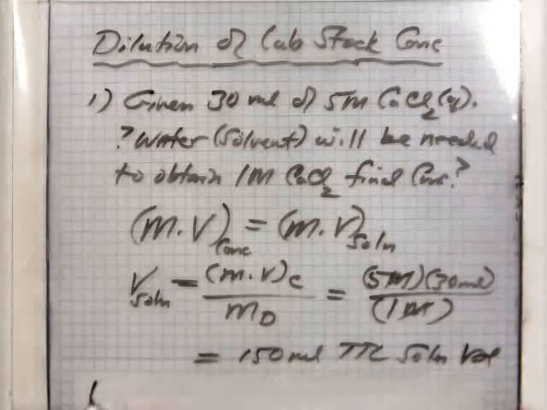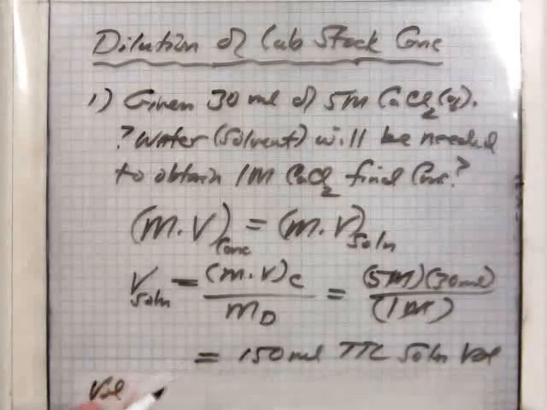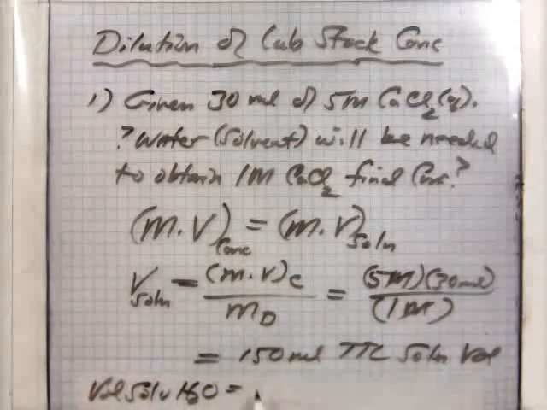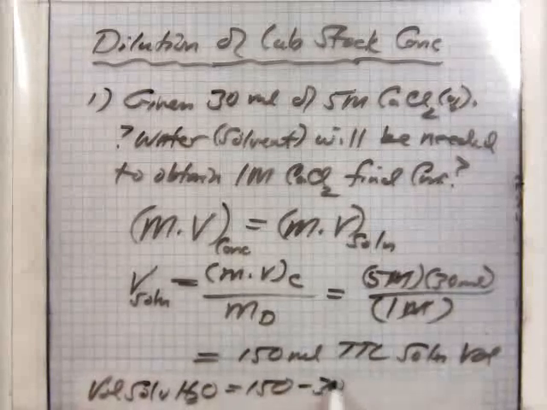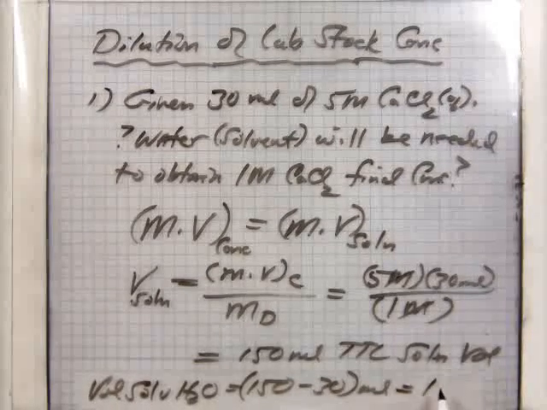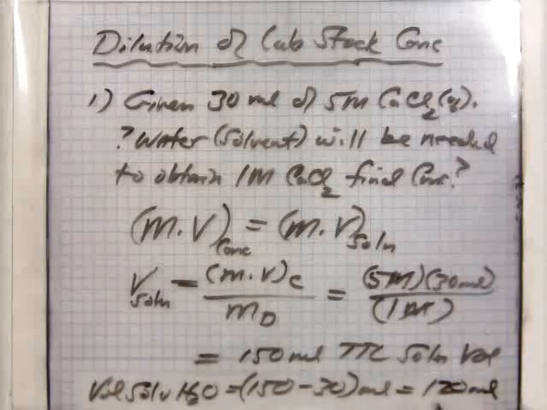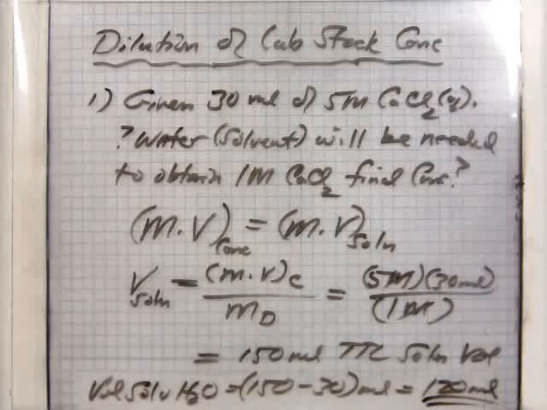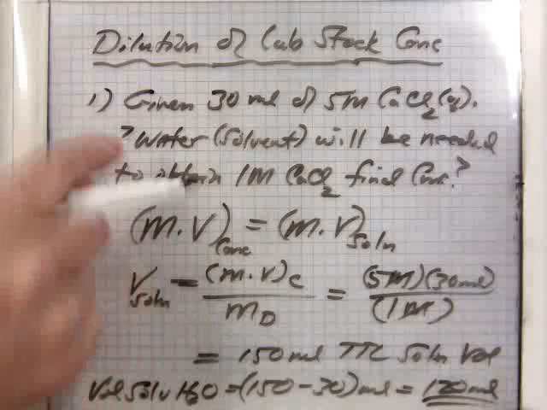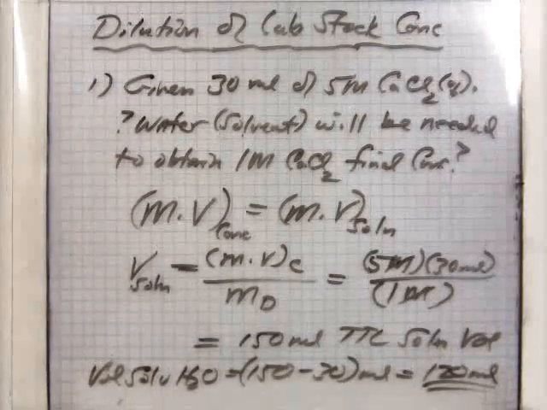But the volume of solvent, water, is equal to 150 minus 30 milliliters, which is 120 milliliters of your solvent water on the end of that. So that's a very important problem, because you will see that kind of problem again as we get deeper into the material.